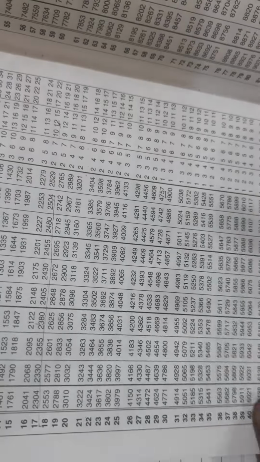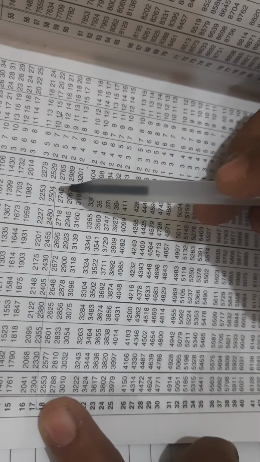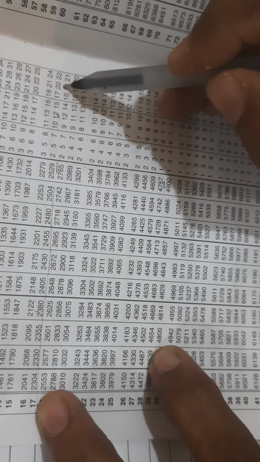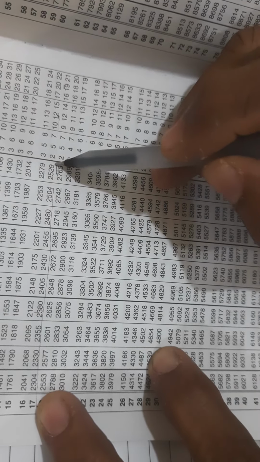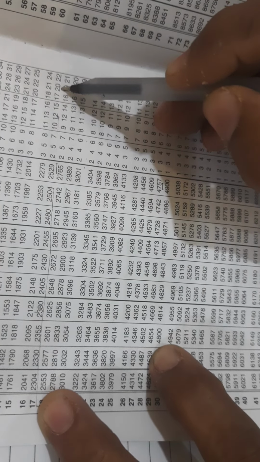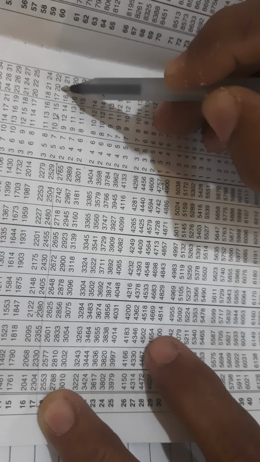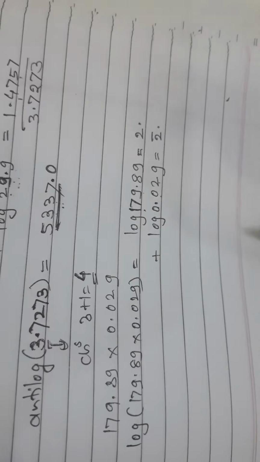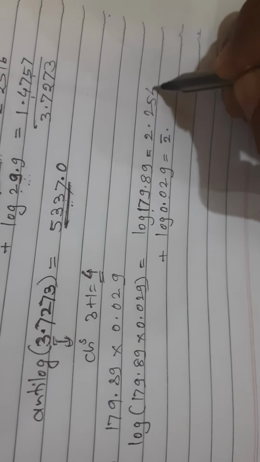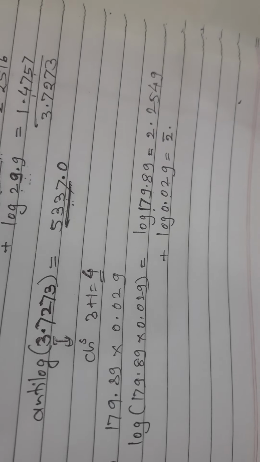In logarithms, here is 17.9, and the mean difference is 8, that is 20. 2529 plus 20 is equal to 2549. Now this is the log of this number.